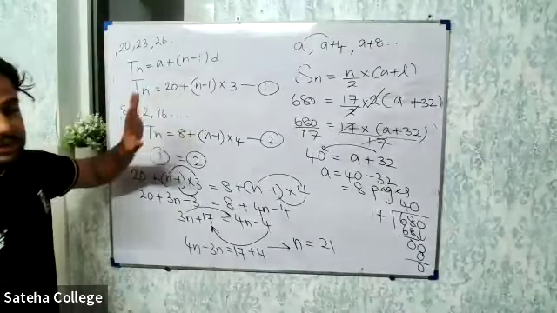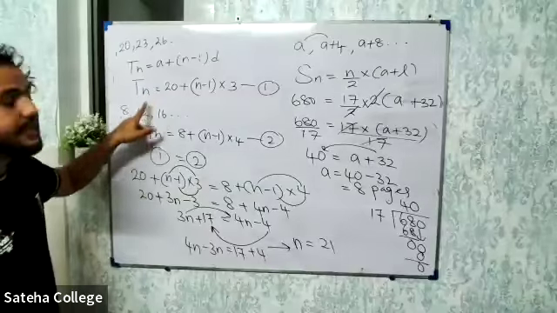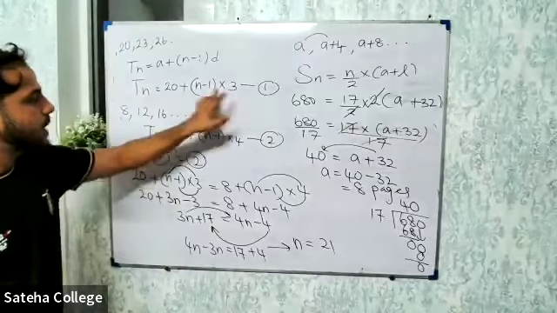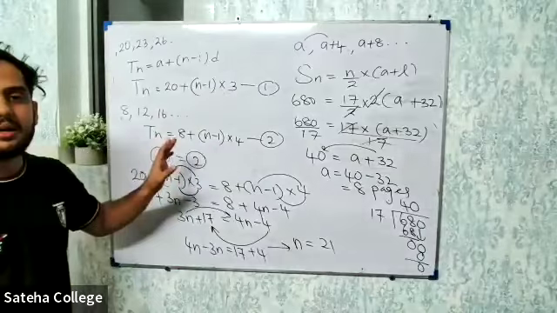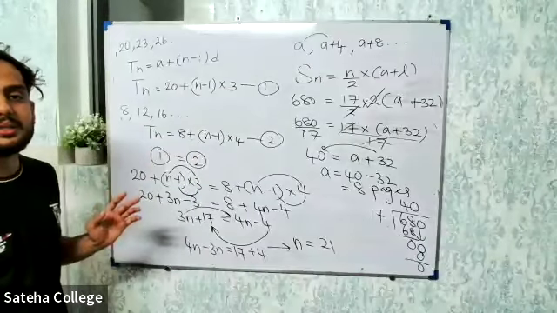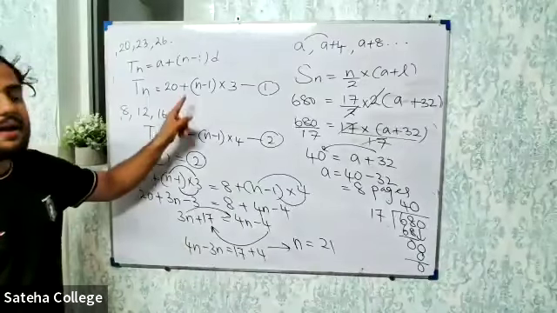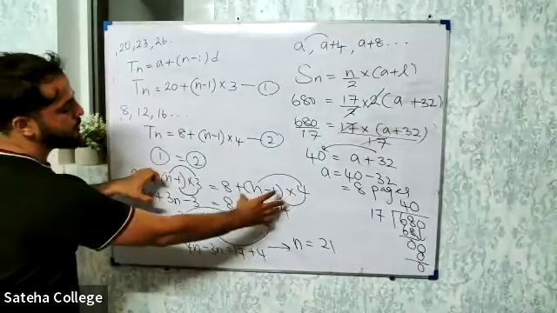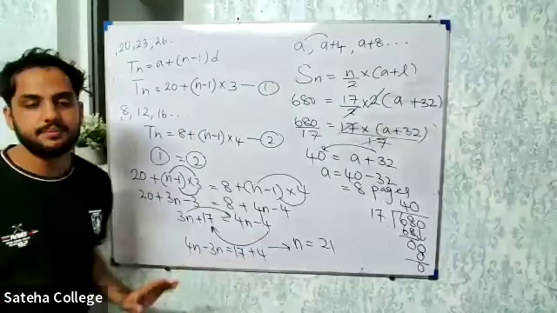Now let's say they tell you to find the number of pages, then it becomes a simultaneous equation. Then you have two unknown terms. But here they are asking you the value of n only. So these both are equal, so you can equalize both of them and find the value of n.